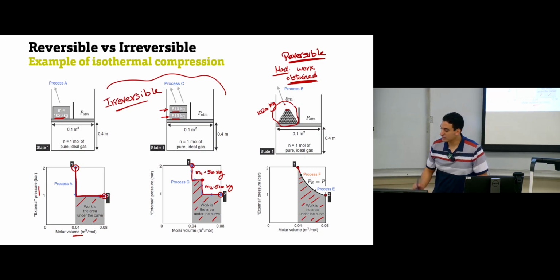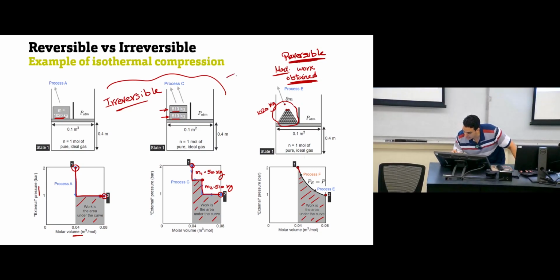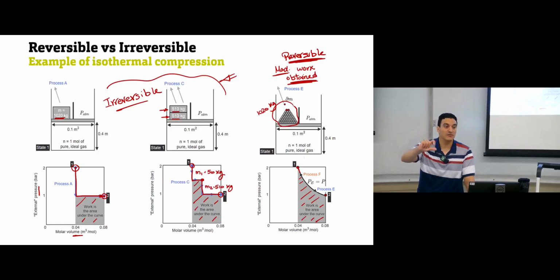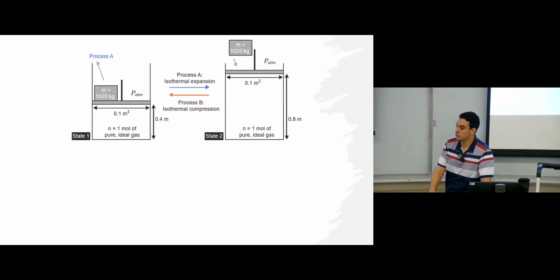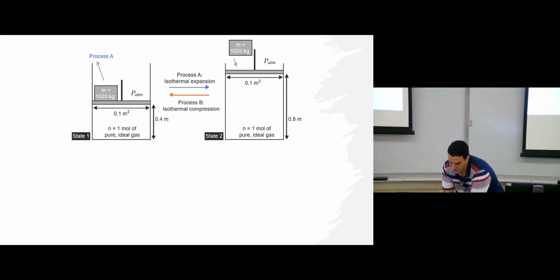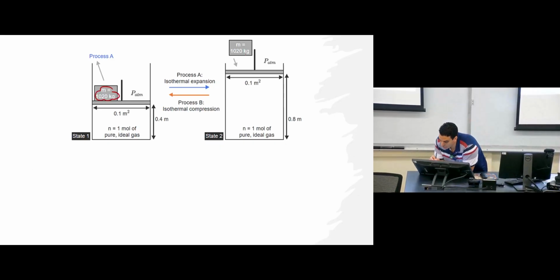One of the other things that can explain why this is reversible and these two are irreversible is how the surrounding is influenced by the system changes. Let's show it in this example. Here we have the isothermal process. Let's say this isothermal compression, I put this weight, okay? And then we have expansion, I remove this weight.